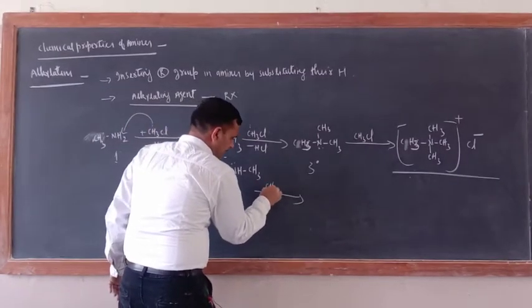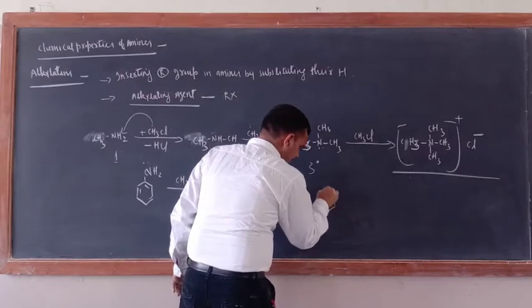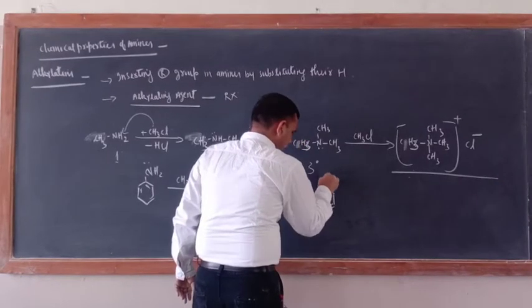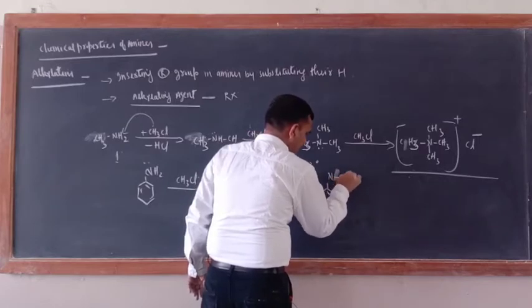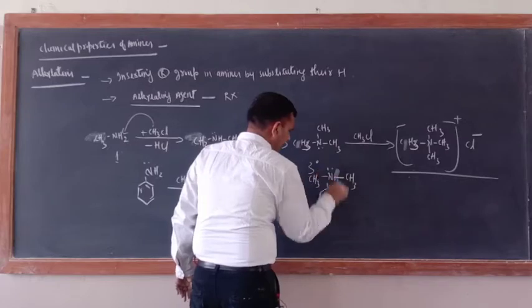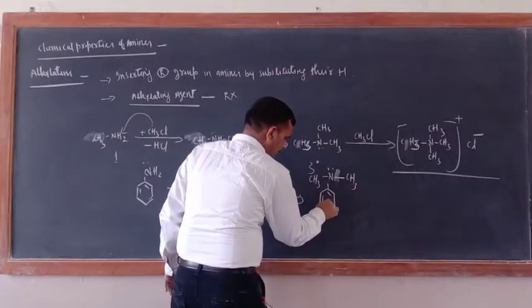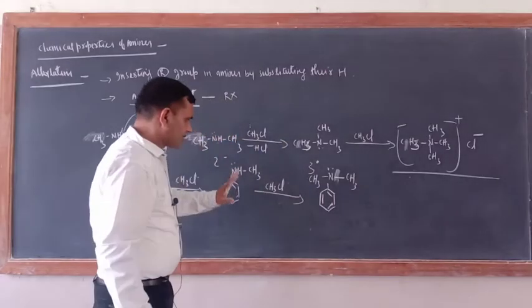So its reaction with CH3Cl: what is the next product here? The next product has no H here, now CH3 here, also CH3, and a lone pair of electrons. Got this or not?